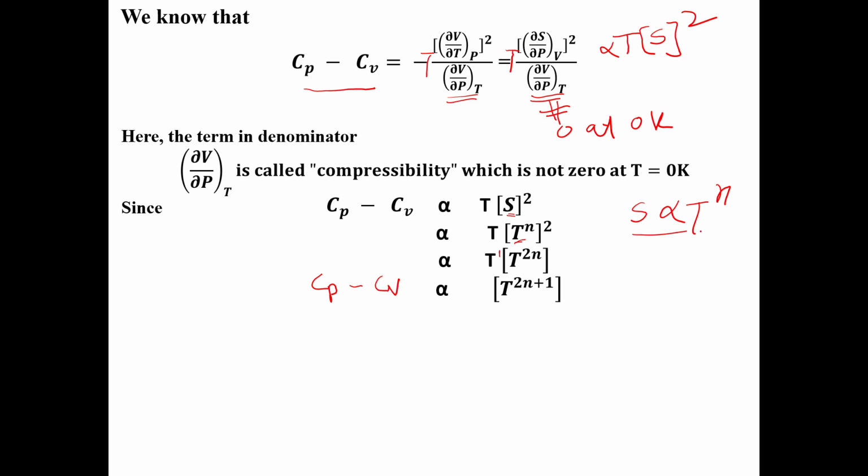The dependence of entropy is like this, but the dependence of the difference in specific heat is like this, T raised to power 2n plus 1. And this conclusion came from this important relation.